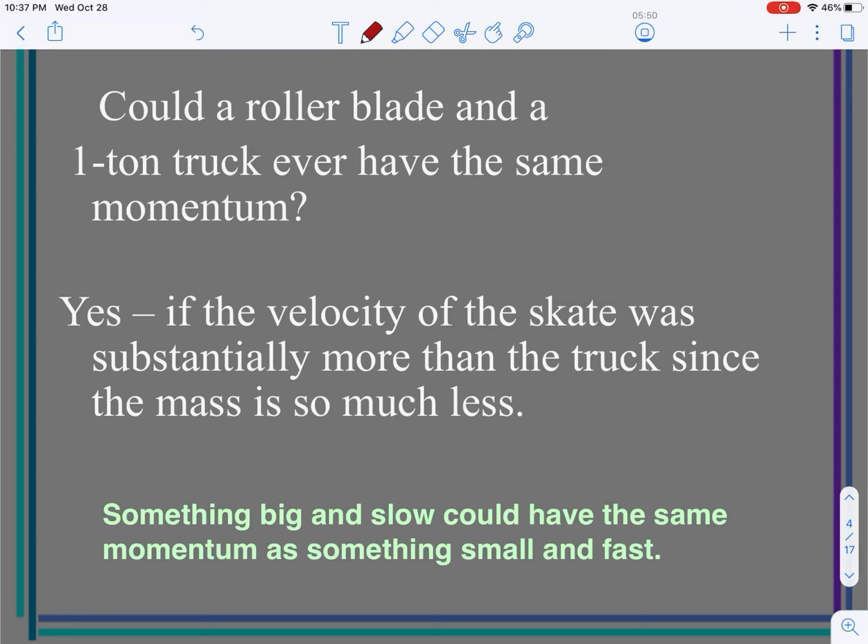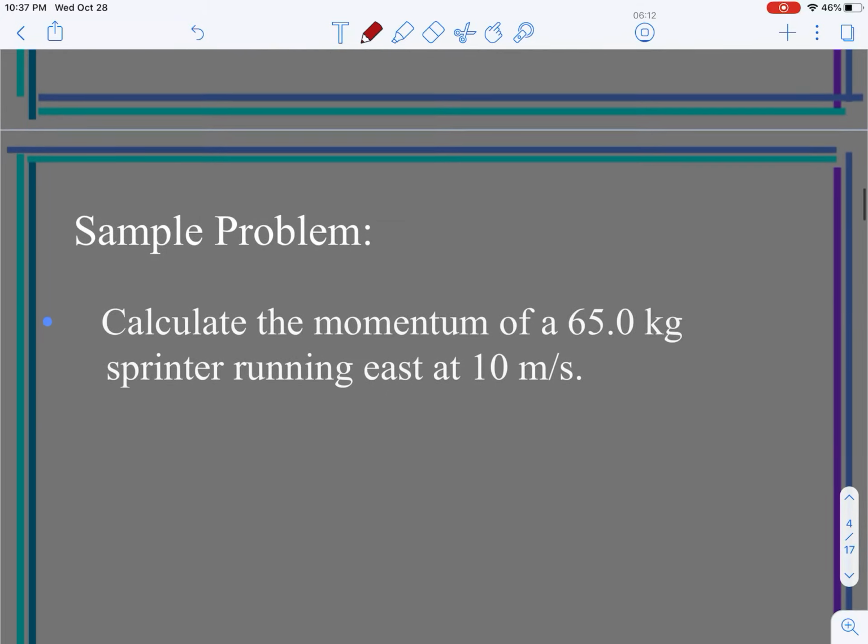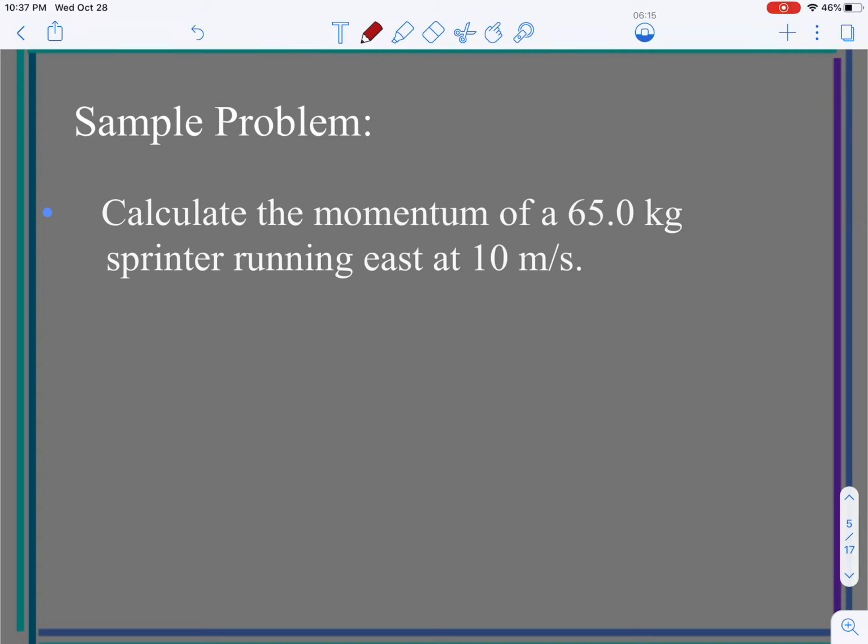So in order for these two objects to be moving but still have the same momentum, my more massive object must be moving with a very slow velocity, and at the same time, my very small mass object should be moving with a large velocity. Okay, so it is possible, but it has to be under the right circumstances.